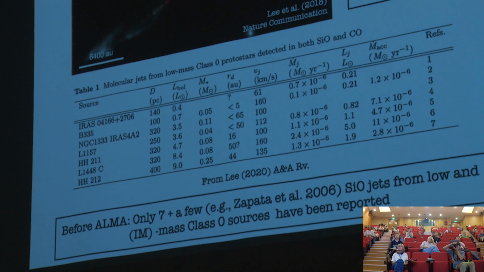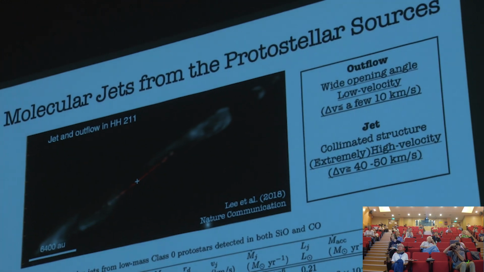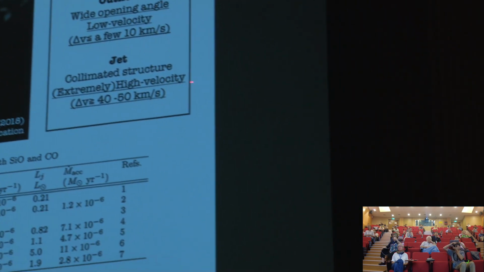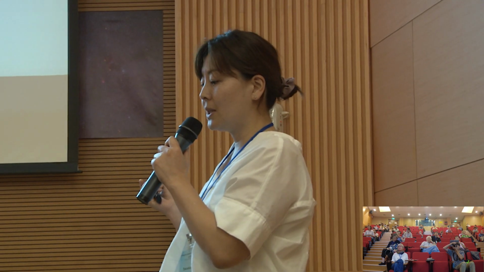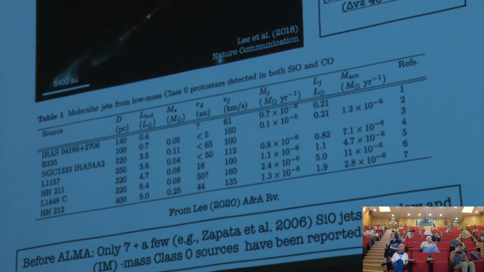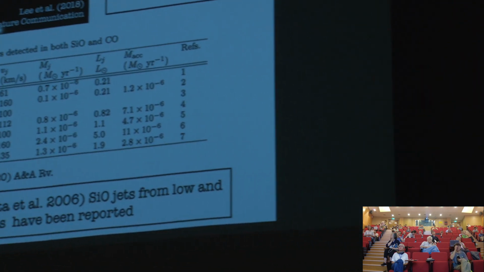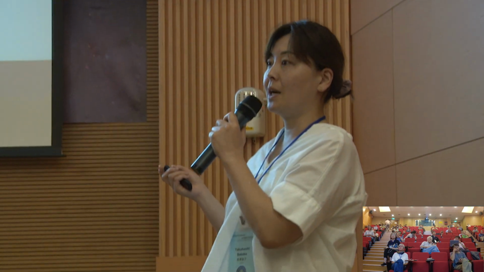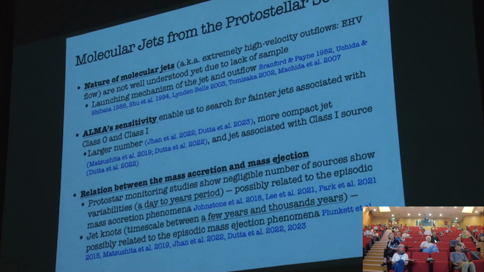From the observational point of view, molecular outflows with wide opening angles and low velocity are ubiquitously observed, while protostellar jets are still limited in number. This is the review paper. Before ALMA started to produce more results, only about 7 jets were observed in both SiO and CO. Due to the lack of samples, the nature of molecular jets is not well understood yet.